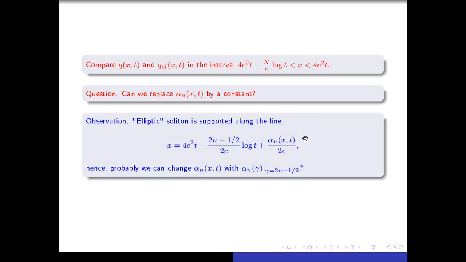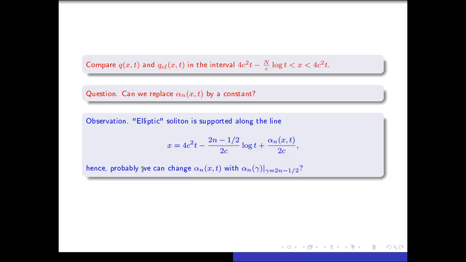Here α_n(x/t) is a slowly varying quantity, so we can put it in this way. So here α_n(x/t) is a bounded function. Then we see that every soliton is supported in the vicinity of this logarithmic curve, and apart from this curve it vanishes.